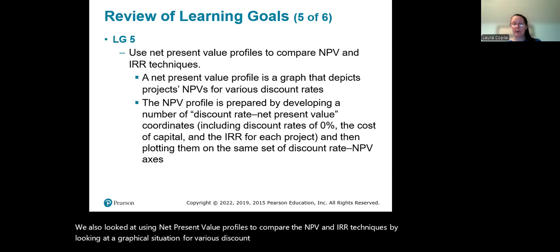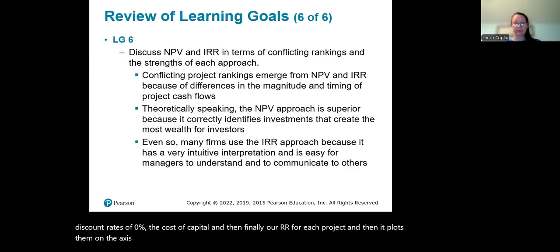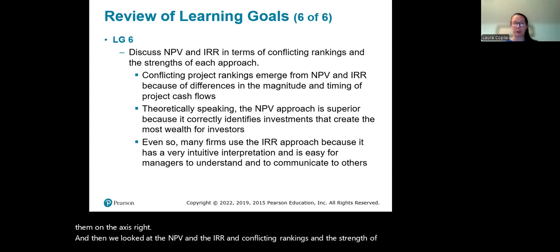So the NPV profile is prepared by developing a number of discount rate and net present value coordinates, right? Including those discount rates of 0%, the cost of capital, and then finally the IRR for each project. And then it plots them on the axes, right? And then we looked at the NPV and the IRR, conflicting rankings, and the strengths of each of those approaches.